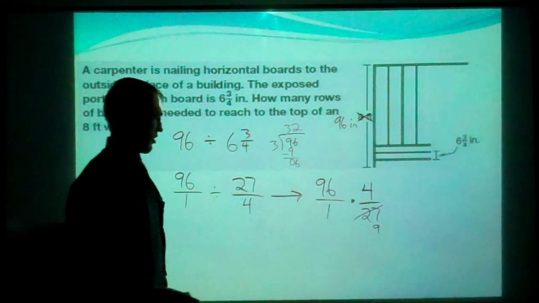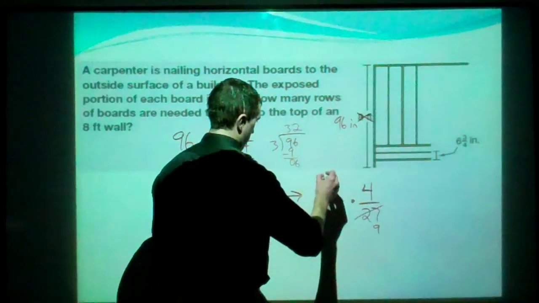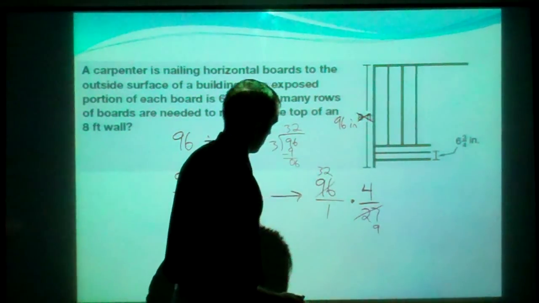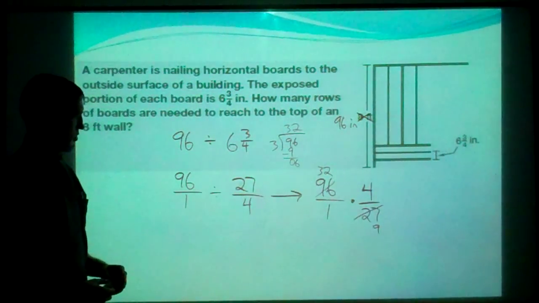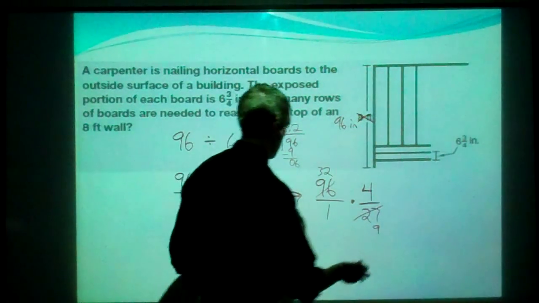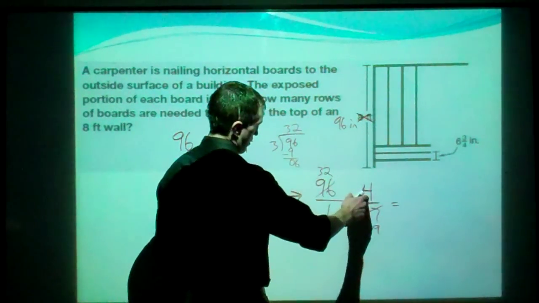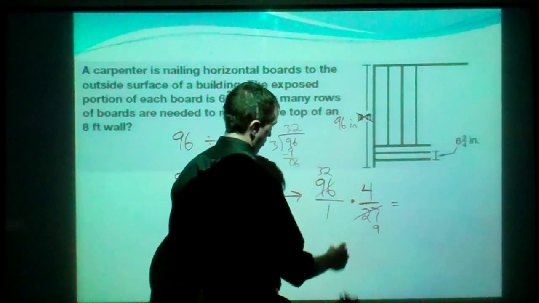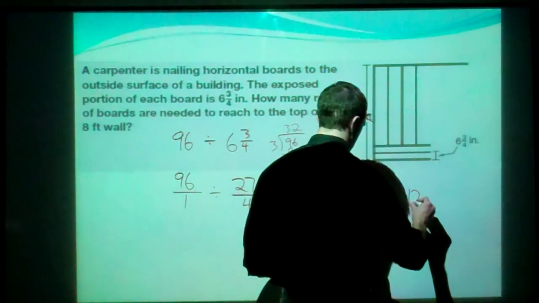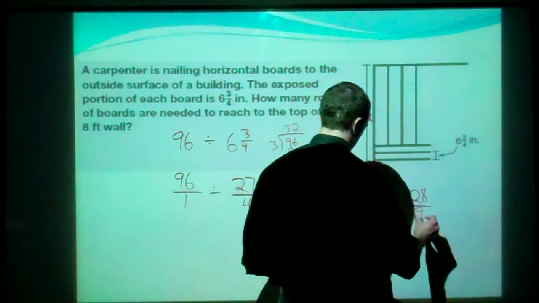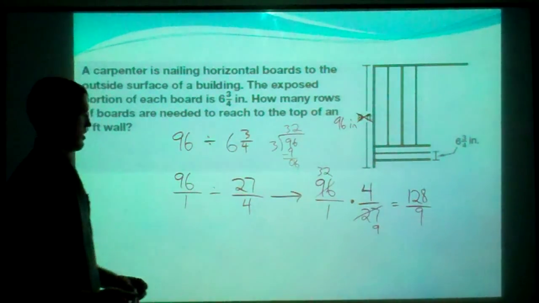That should have been something I could have done in my head. Anyway, 32. So 4 times 32 is 128 over 9. 1 times 9.